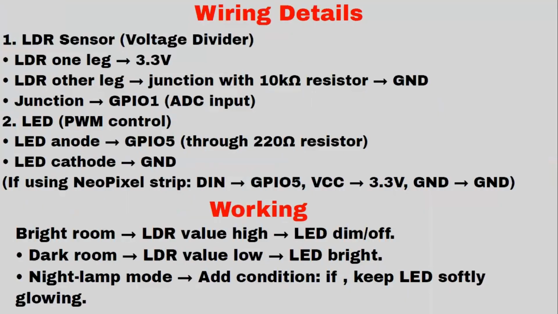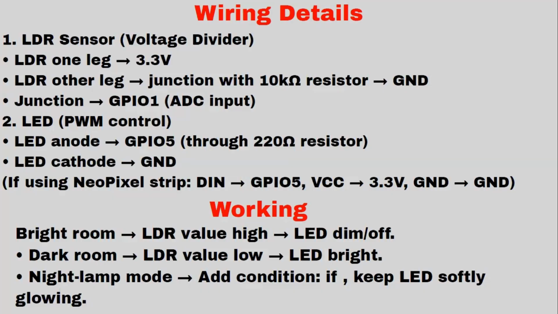Right. These are the connections, that is, where the LDR is connected. One side it is 3.3 volts. The other side goes to, as I just told you, 10 kilo ohms to ground. The junction of the LDR will go to GPIO 1. We have taken GPIO 1 as an ADC connection, that is an analog connection.